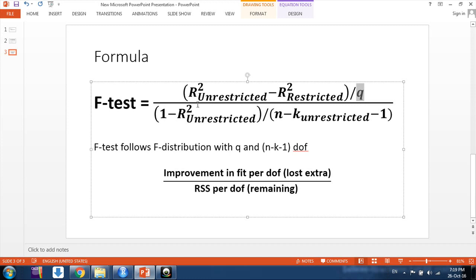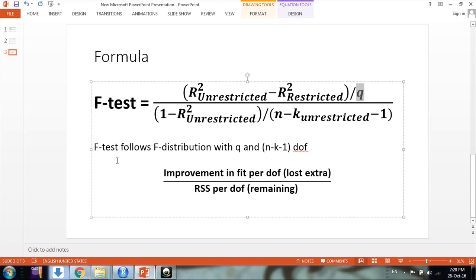Then again we divide it by 1 minus R square of the unrestricted model, that is like RSS, residual sum of square of unrestricted model, divided by degrees of freedom n minus k minus 1.